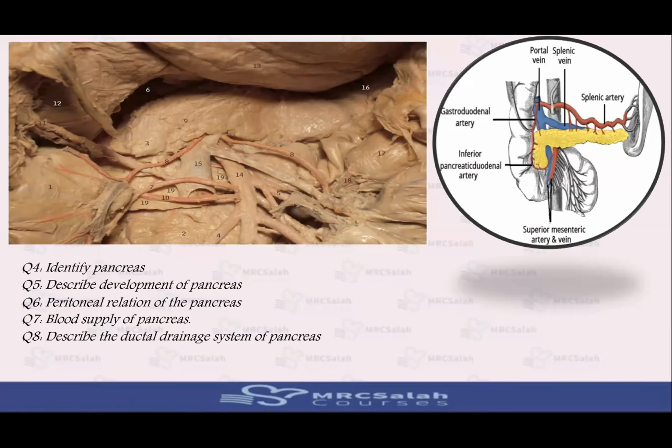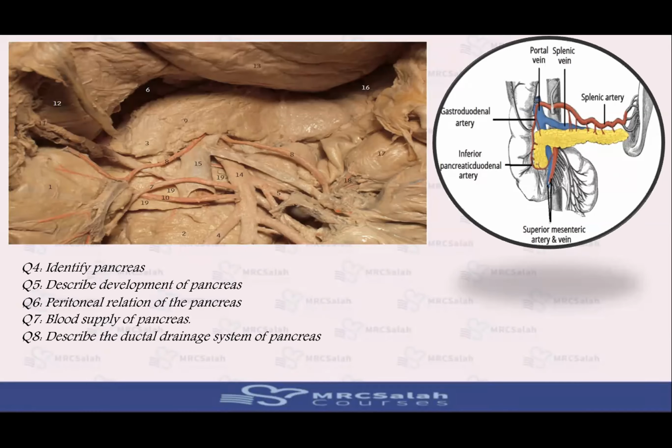Superior pancreaticoduodenal from the gastroduodenal from the common hepatic, inferior pancreaticoduodenal from the superior mesenteric artery, and pancreatic branches from the splenic artery. Yes, these supply which part? Superior pancreaticoduodenal and inferior pancreaticoduodenal go to the head. Pancreatic branches from the splenic artery supply the body and tail.